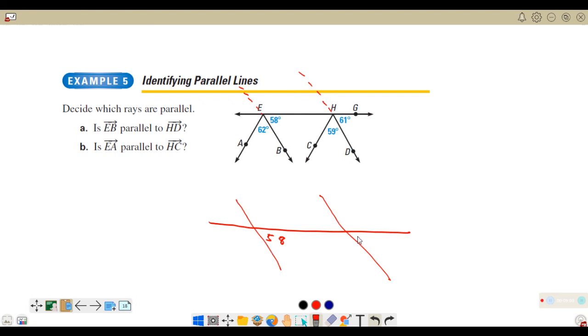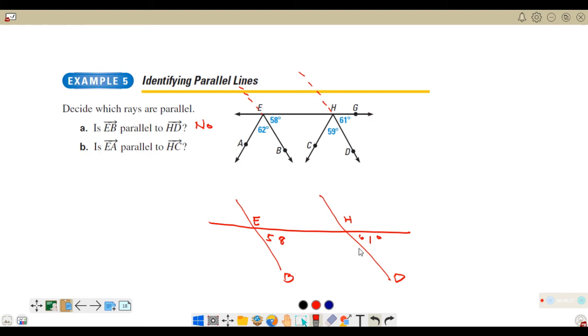And then, meron tayo ditong 61 degrees. This is E. This is B. This is H. This is D. Are they parallel? No. Why? Look at their corresponding angles. They are not congruent.